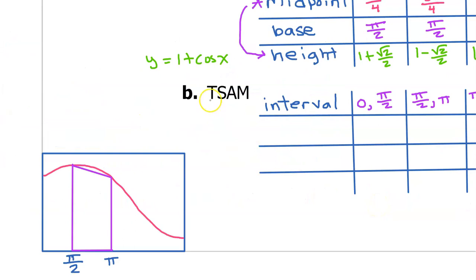Last but not least, let's do the trapezoidal sum approximation method. In order to visualize how to organize our information, let's remember a little something about trapezoids. First of all, the formula for the area of a trapezoid is 1/2 base 1 plus base 2 times the height of the trapezoid.